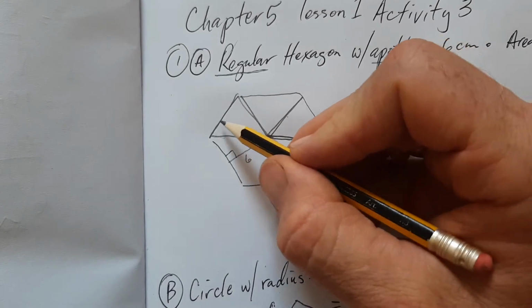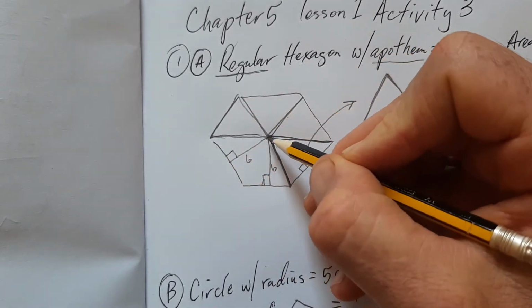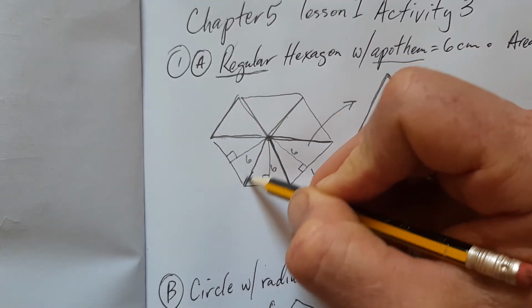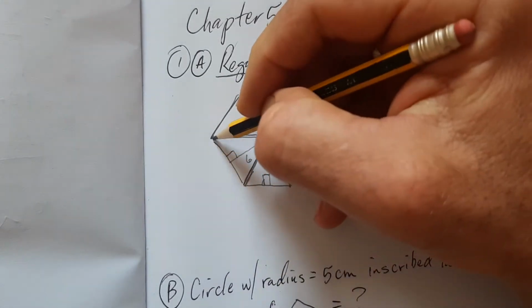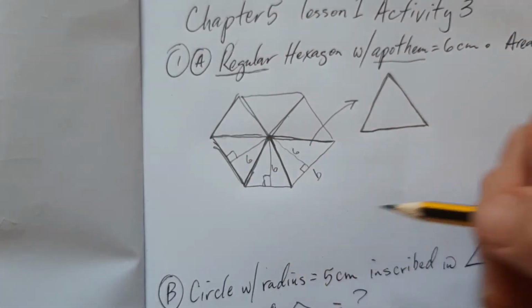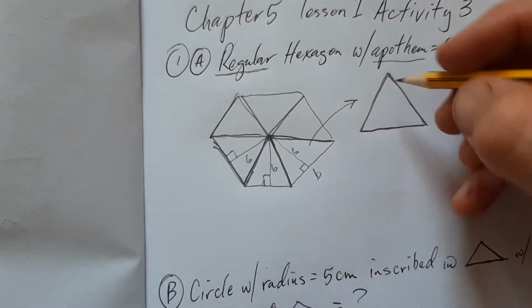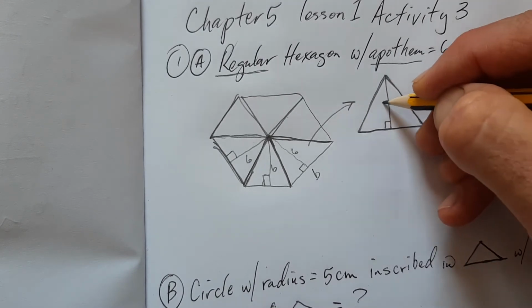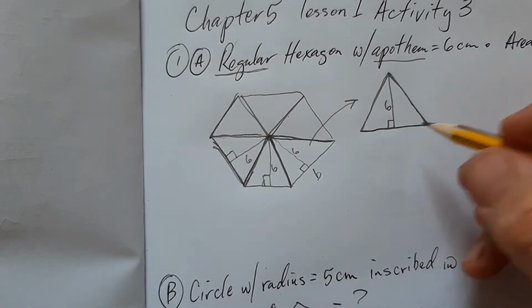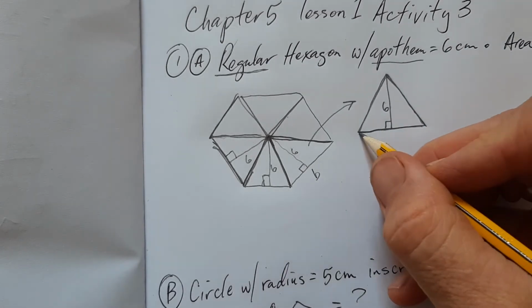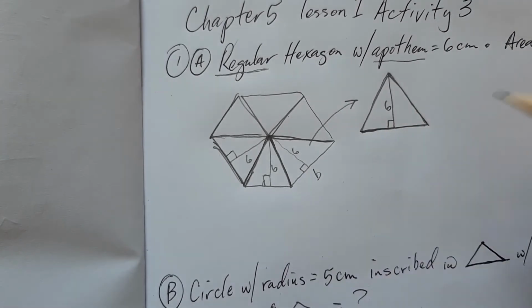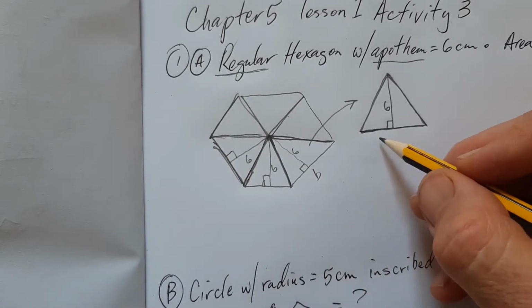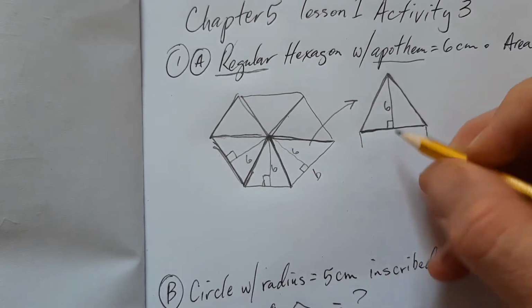Each of these triangles is an equilateral triangle, each side the same length. So let's look at one of these triangles. The altitude is 6, which it gives us. So we just need to find the base and then find the area. We want to find this length right here.